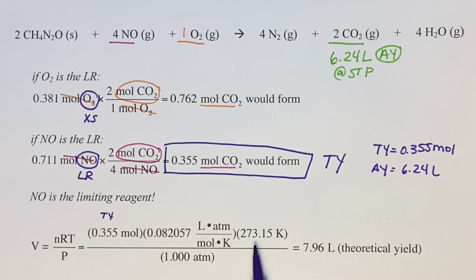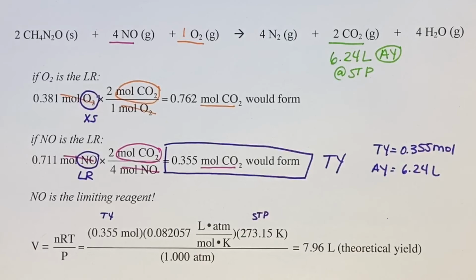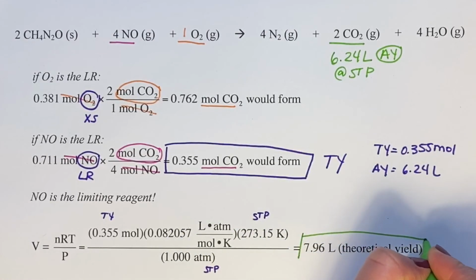My temperature at STP is 0.00 degrees Celsius, which is equal to 273.15 Kelvin. So this comes from my STP. And at STP, I also know my pressure is 1 atmosphere. So as I plug all of this in and solve, I find that I get a theoretical yield of 7.96 liters.